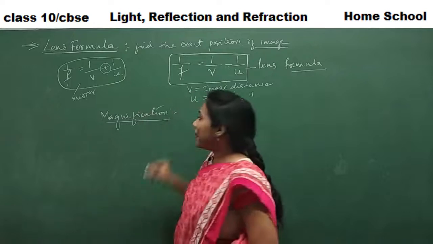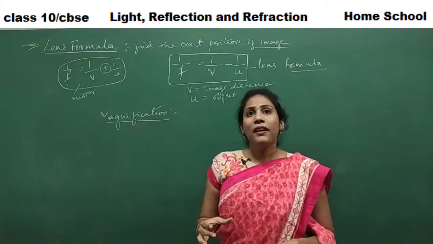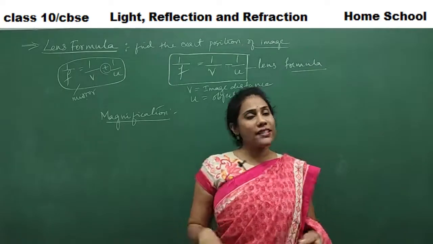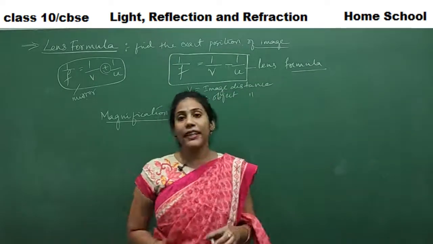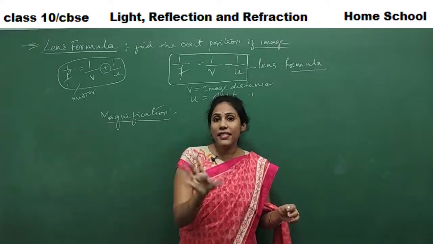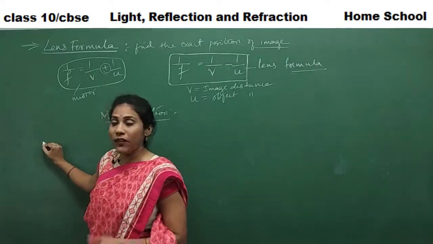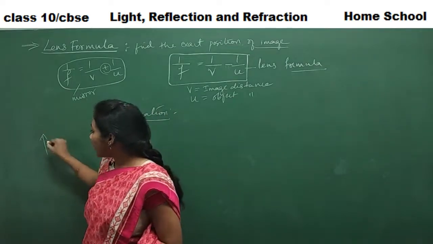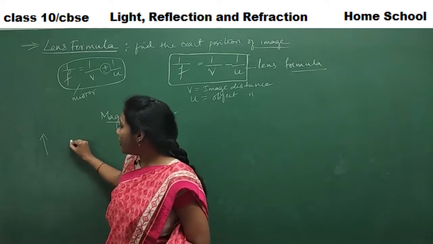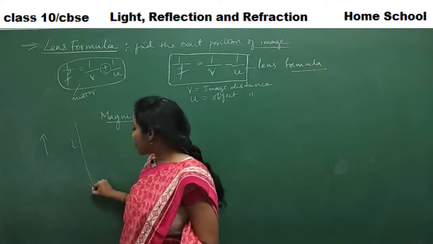What do you mean by magnification produced by lenses? We have seen many cases in convex as well as concave where the size of the image is not similar to the size of the object. For example, in a convex lens, if the object is of some size, sometimes you get very small inverted images, sometimes very big images.